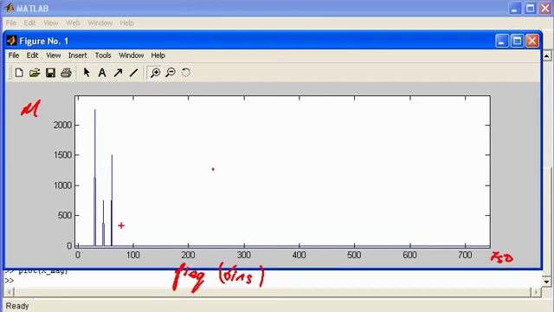Now frequency in bins can be easily converted into frequency in hertz, and the rule is actually quite straightforward. This here, halfway up, in this case 750, always corresponds to half the sampling frequency. Now in our case the sampling frequency was 1000 hertz.